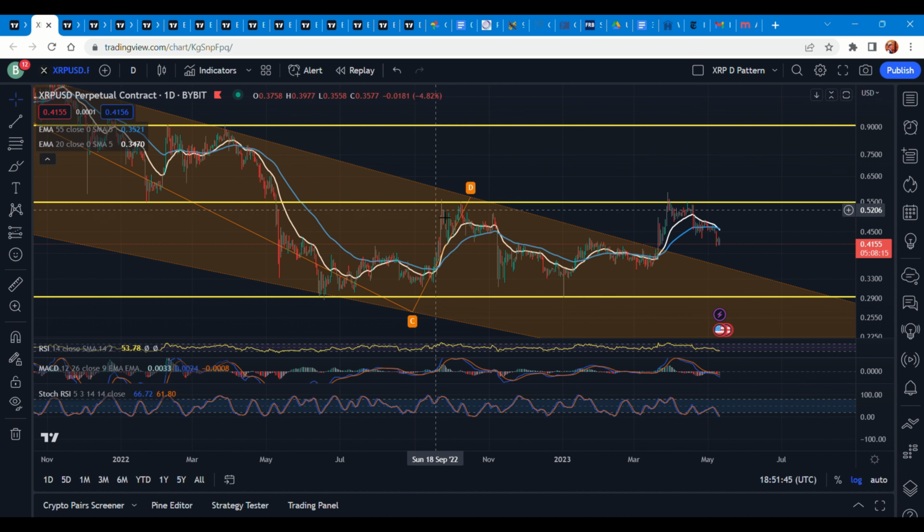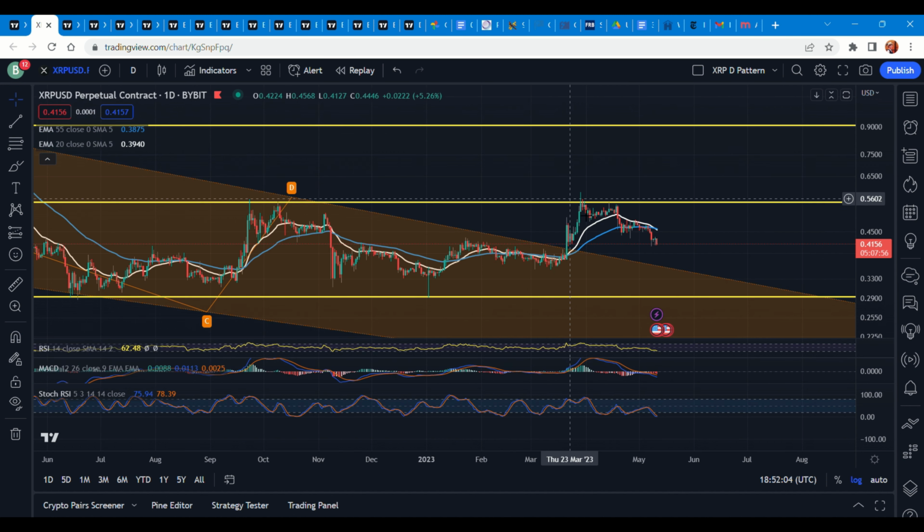Now, when does the daily time frame control the swings, and when does the 4-hour control the swings? The 4-hour controls the swings while the swings are coming to their completion and then their correction.